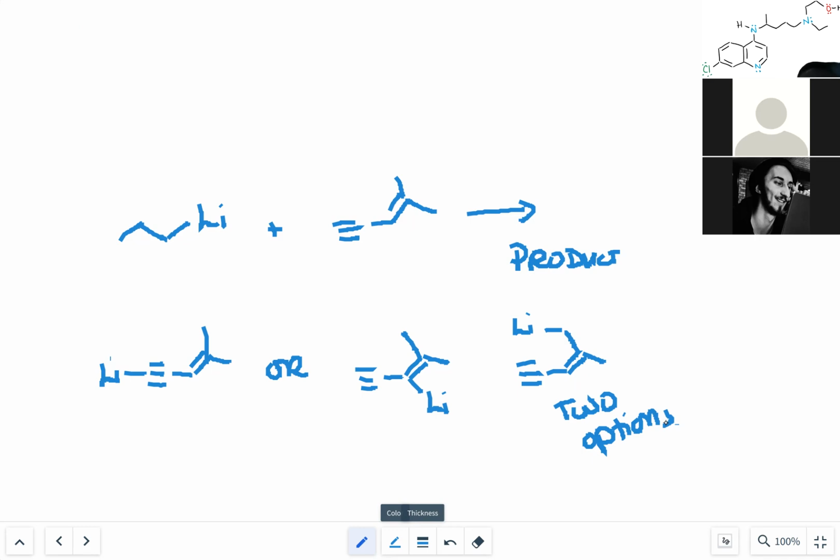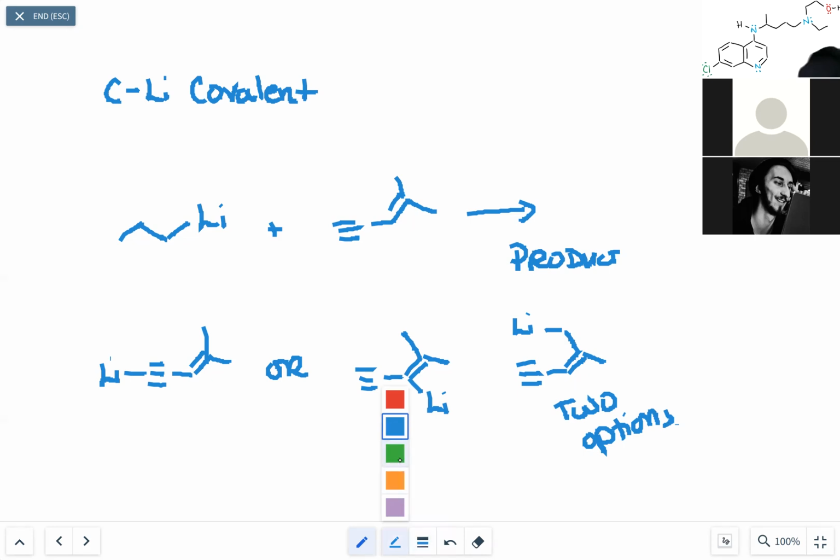So remember, the carbon-lithium bond is technically covalent, so we have to draw it in such a fashion. Now, the neat thing about the carbon-lithium bond is, which direction is this polarized in? Which side's got the negative charge, carbon or lithium?